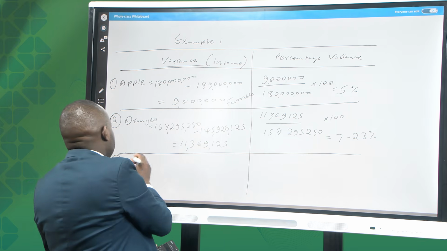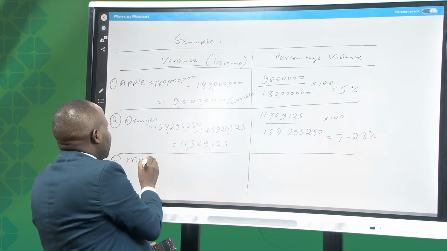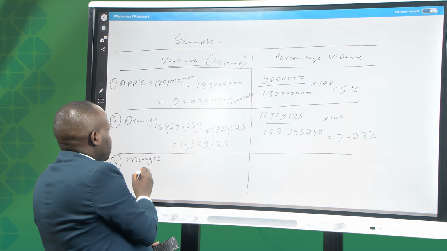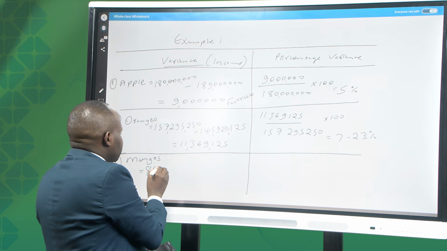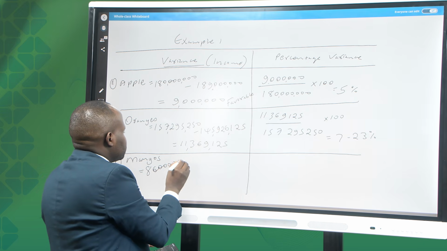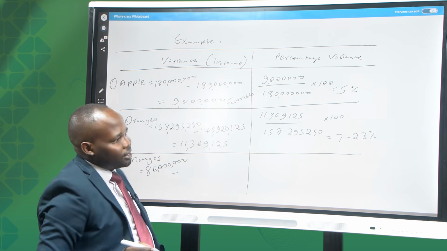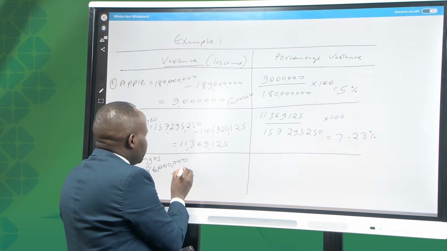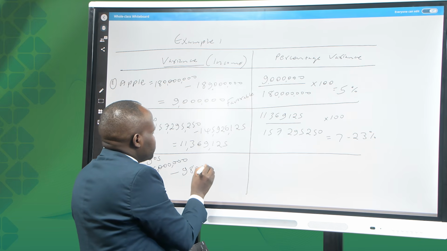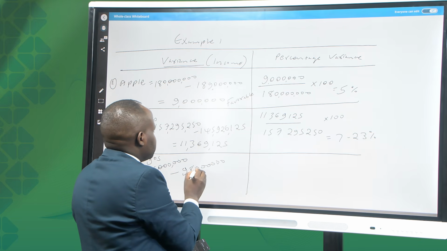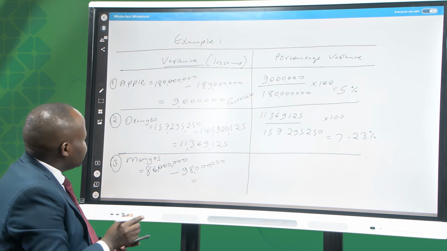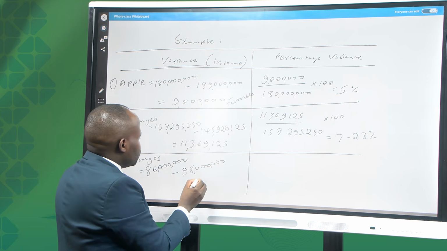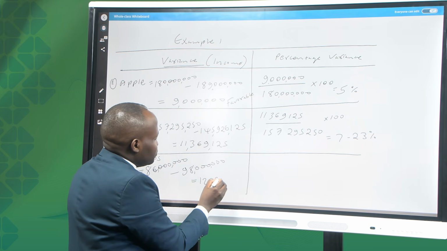The last one is 3, mangoes. For the mangoes we have 86 million minus 98 million. 86 minus 98 gives you 12 million.